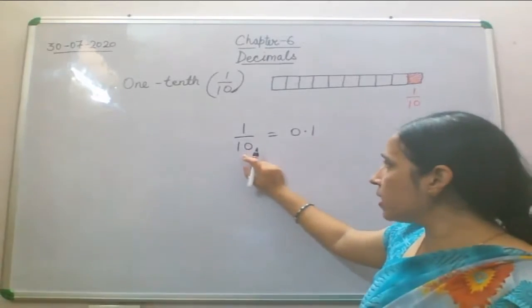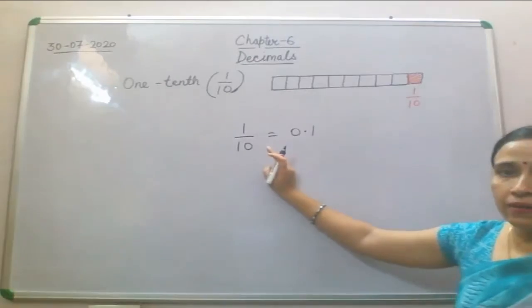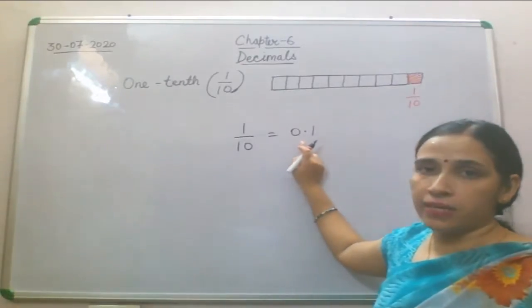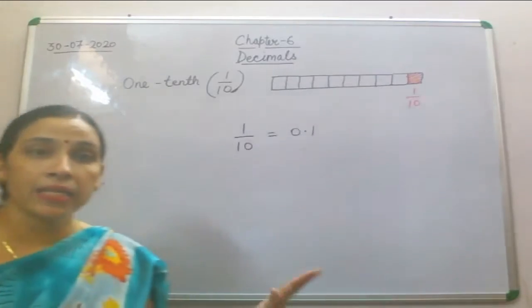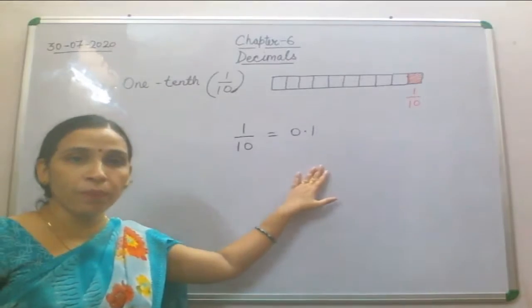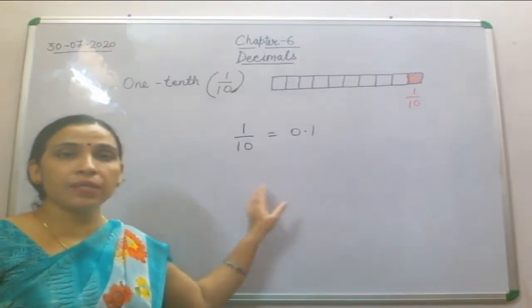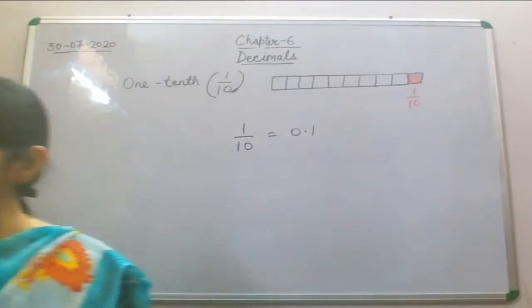So this is a fraction, and this is how we have represented a fraction in decimal form. As I told you just now, we can represent a fraction in decimal form, and a decimal can be represented again as a fraction.